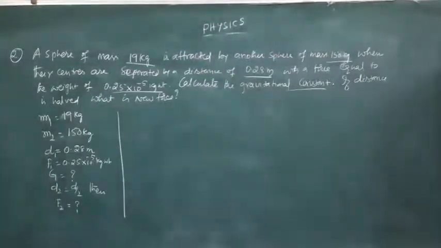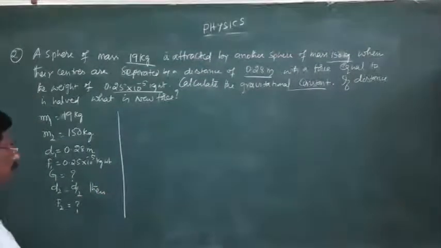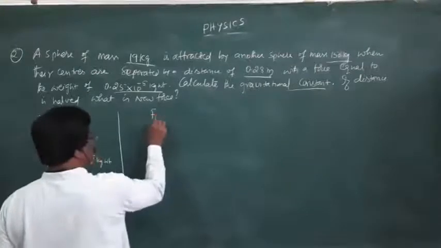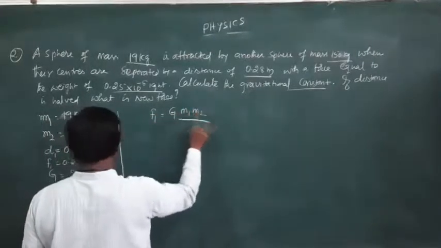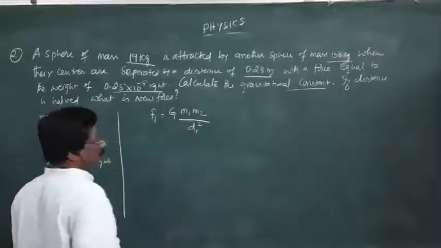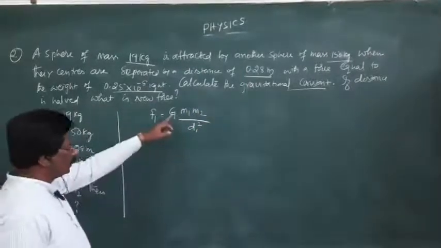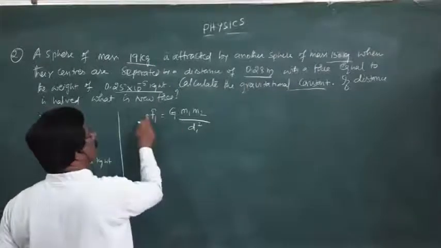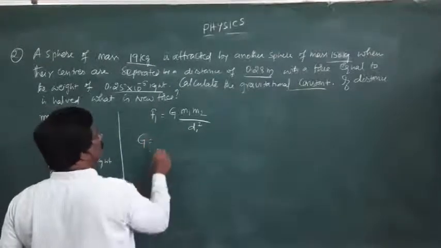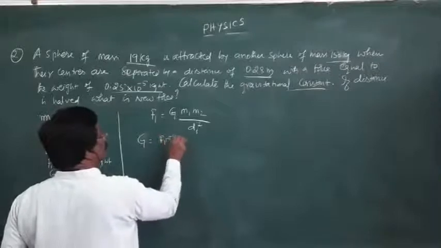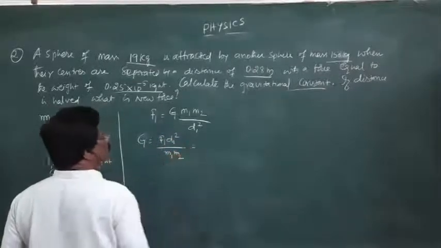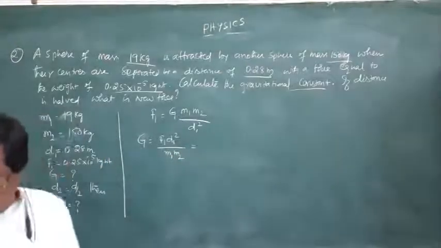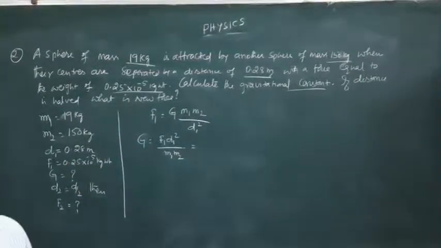Now, we have to take Newton's law of gravitation. That is, F1 is equal to G into M1 M2 by D1 square. Our aim is to calculate G. Therefore, cross multiplying, G is equal to F1 D1 square divided by M1 M2. Just substitute the values.